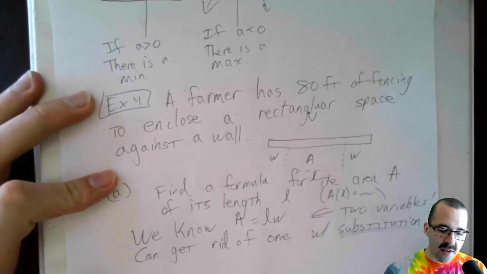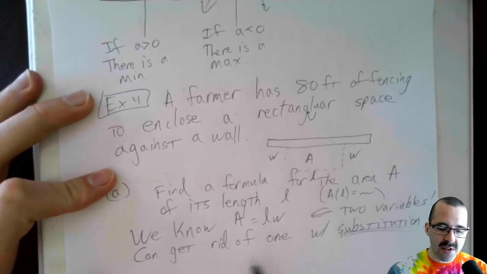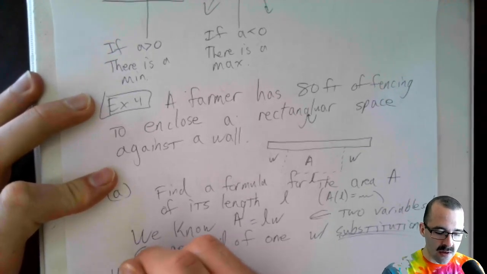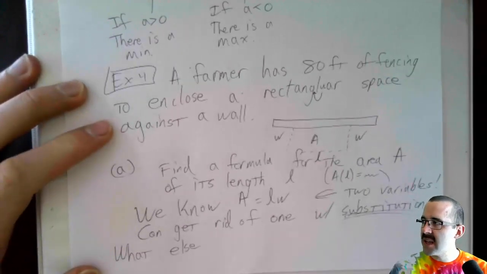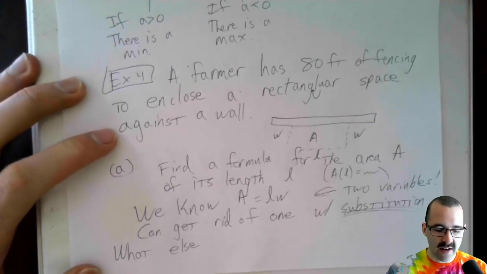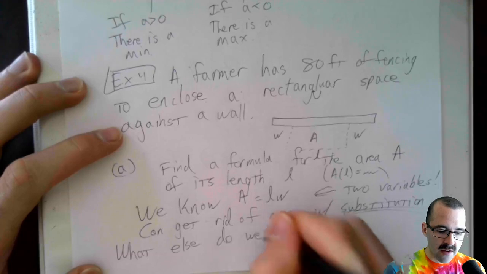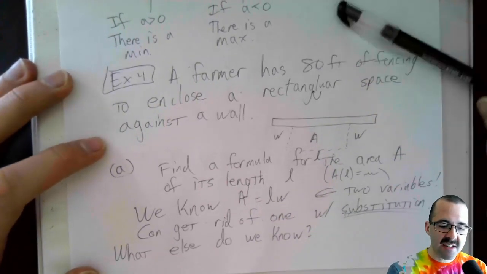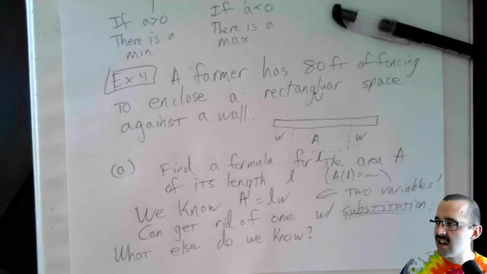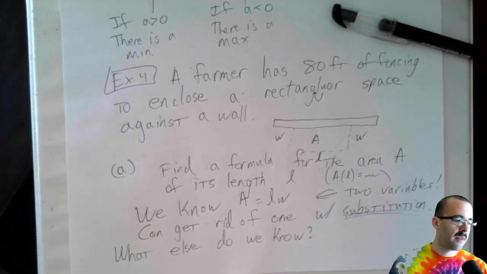So, to substitute, what else do we know? Right? So someone tell me in chat, what piece of information in this problem have we not used yet? There's a couple different answers you can give.